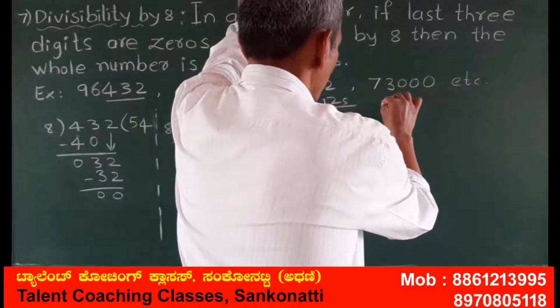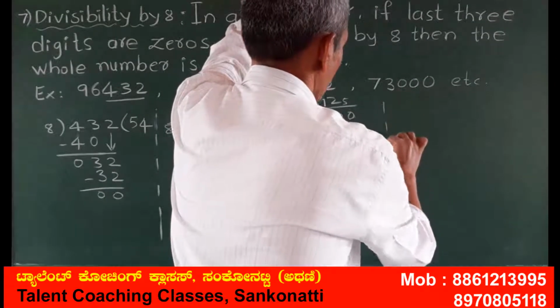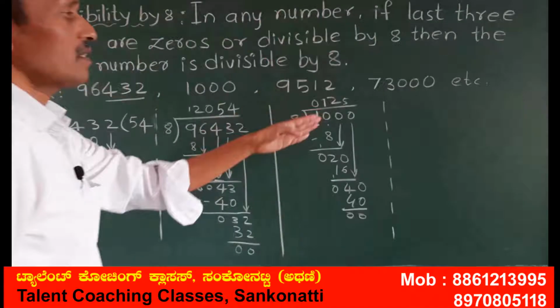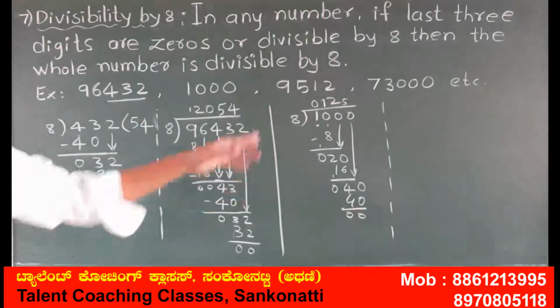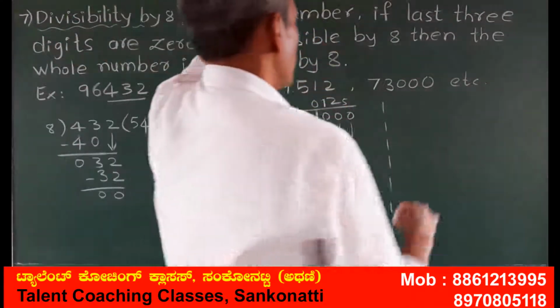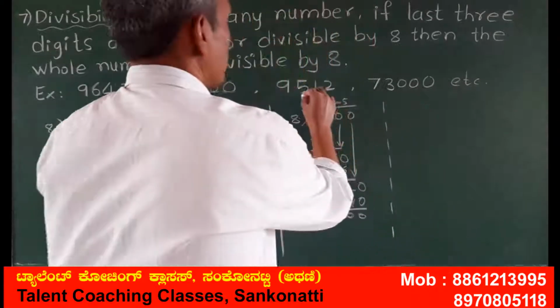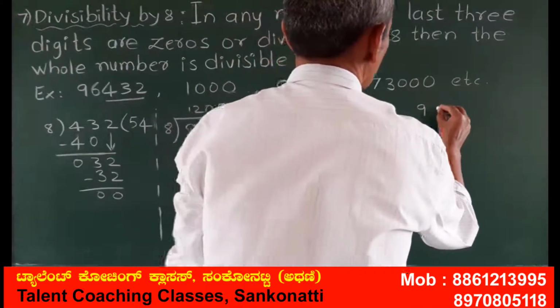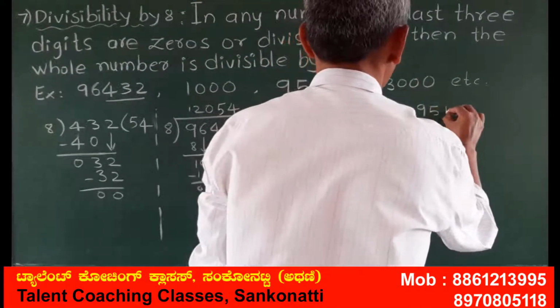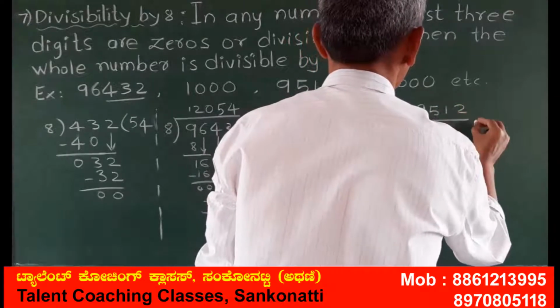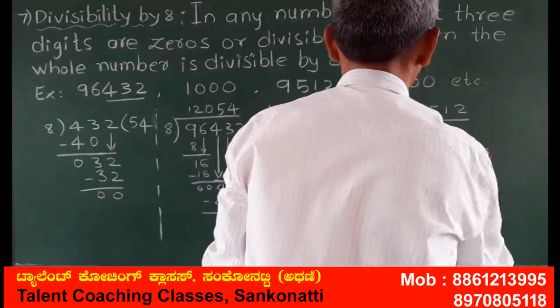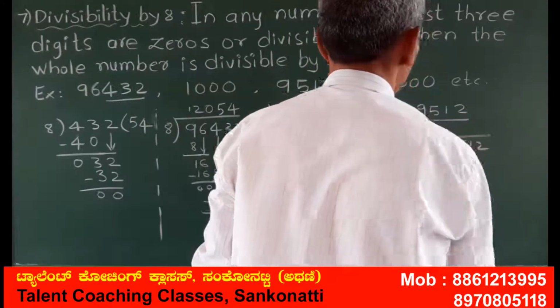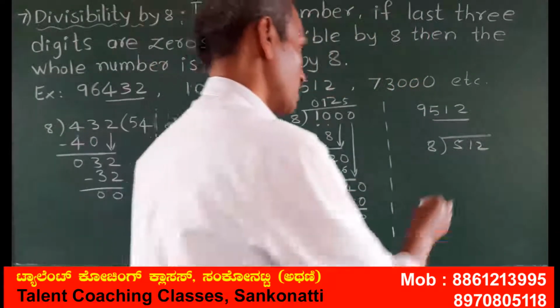Now we'll check for this one. 9512. The number formed by the last three digits is 512. We'll divide this by 8 to see whether it is divisible by 8 or not.